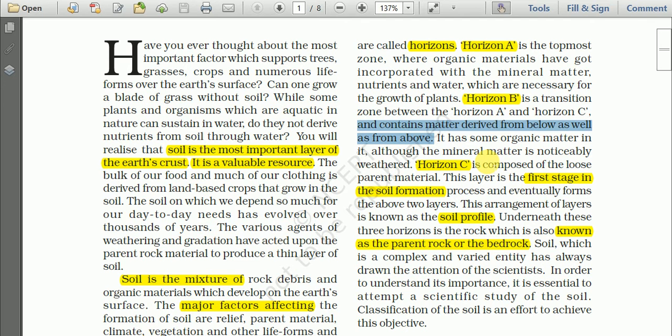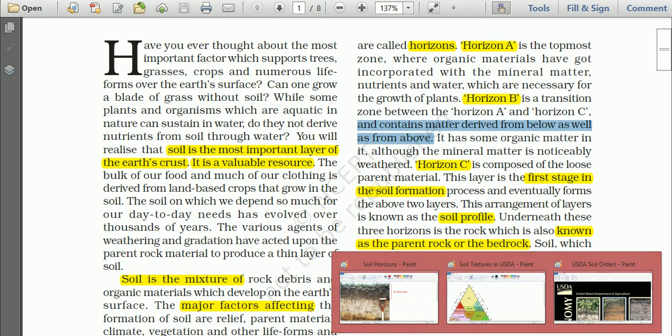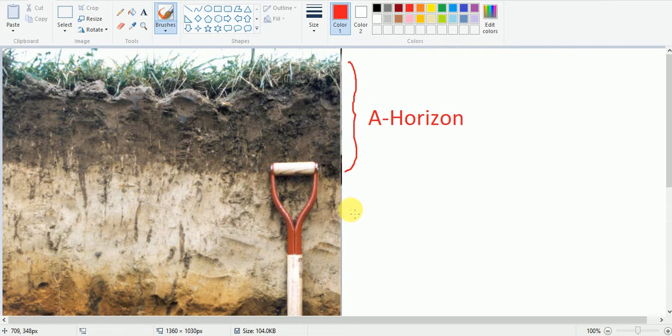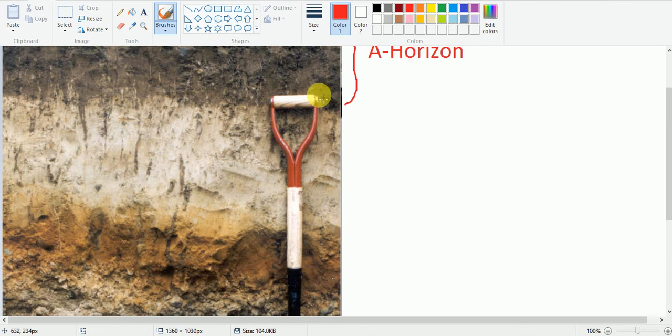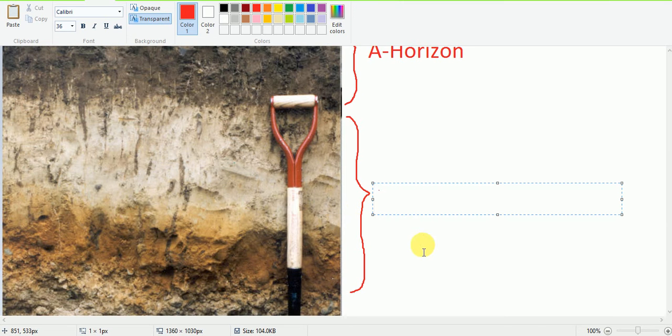It has some organic matter in it, although the mineral matter is noticeably weathered. So after A we have this B horizon here. This is the B horizon.